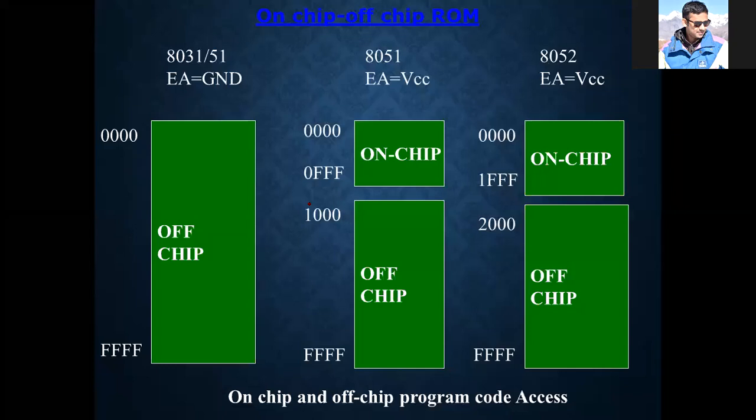Wherever we have discussed the architecture of this particular 8051 microcontroller, it has 64 kilobytes of addressable range. Okay, now look into the copy. The 8051 has 16 address lines.